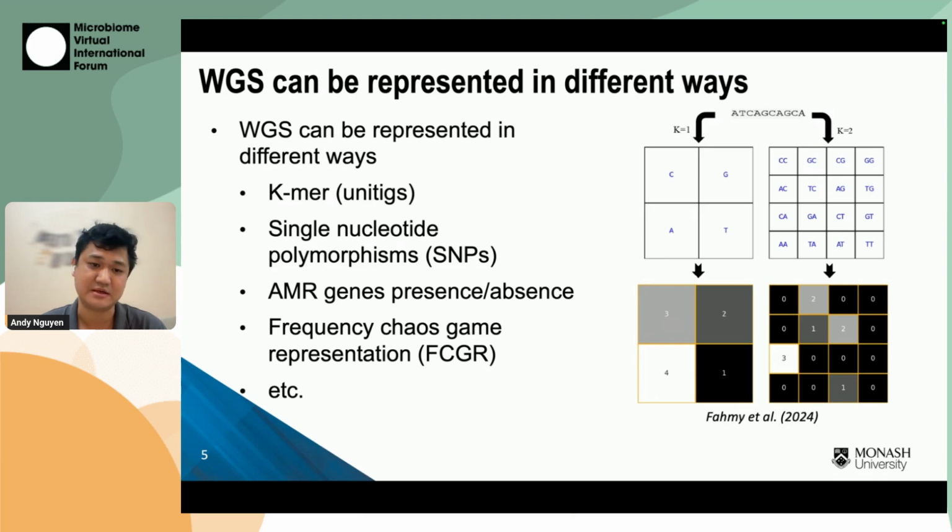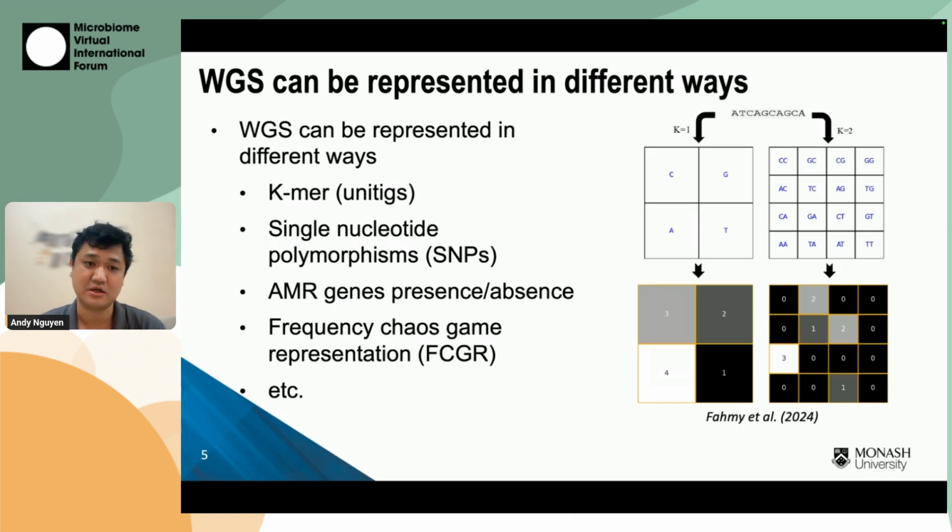The whole genome sequencing data can also be represented in different ways, like single nucleotide polymorphisms, which need to be compared with a reference genome, or the presence or absence of some AMR genes.